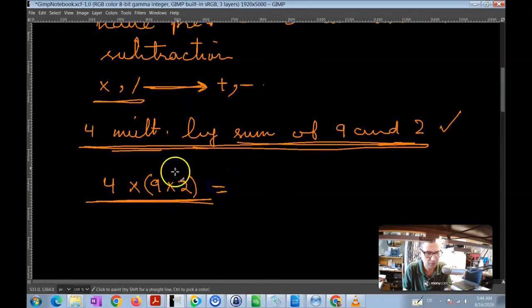So I have a bracket over here, and 9, actually this is plus 2. And 9 plus 2 is equal to 11, and 4 times 11 is equal to 44. And that's the answer that anybody would come up with if they were following the exact same rules.